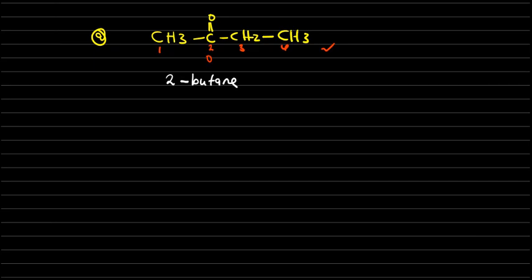It's supposed to be butane, but I remove the E at the end and put one. This is 2-butanone. Or the other way you can write this: the prefix of the carbons is but, it's supposed to be butane, but you remove that E, put a dash, indicate the number at which the functional group is, separate the number with a dash and put one like that. That's how you can name this.